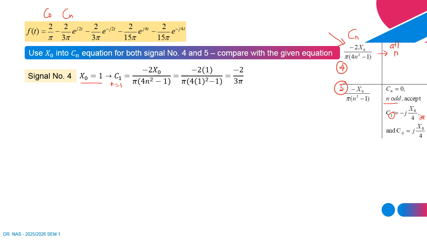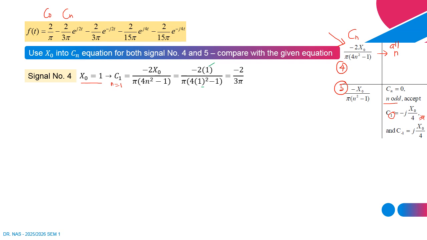In this case, C1 equals negative 2x0, in which x0 equals 1, divided by pi for n squared. With n equal to 1, you get the answer equal to negative 2 divided by 3 pi.